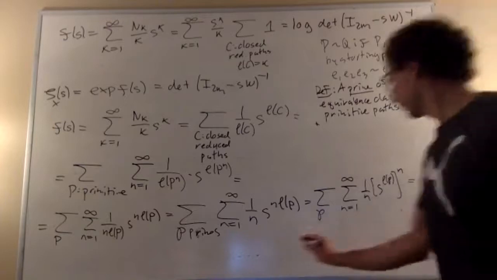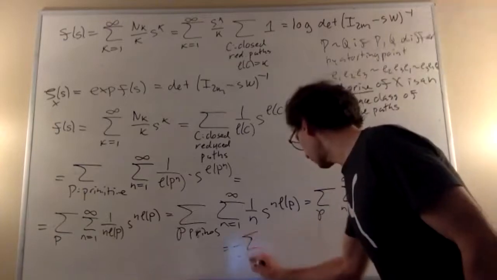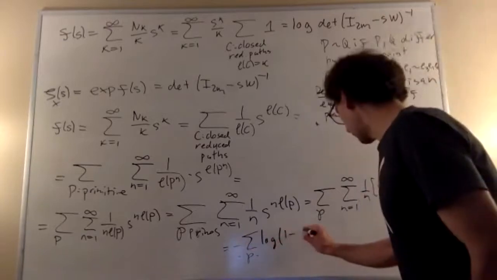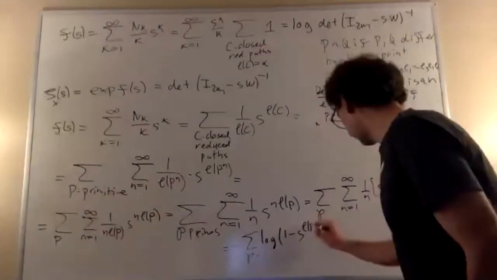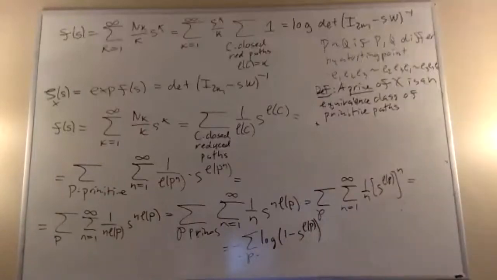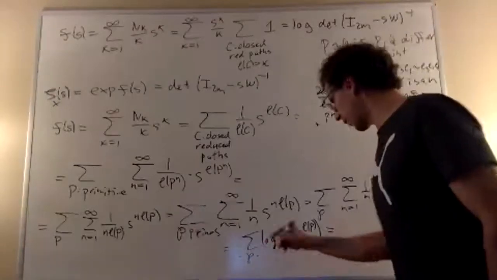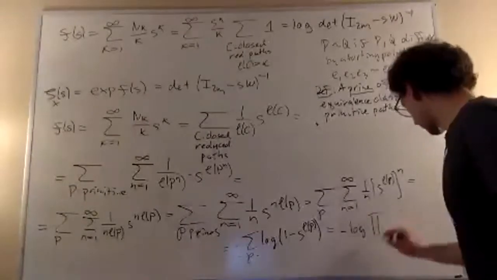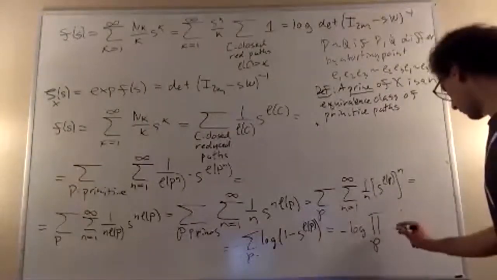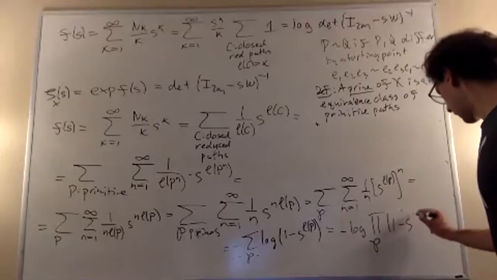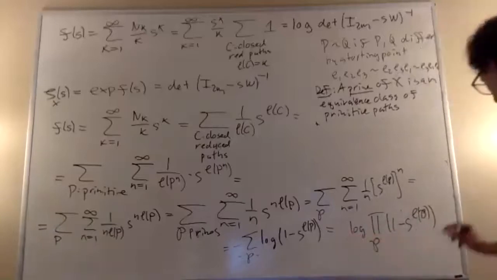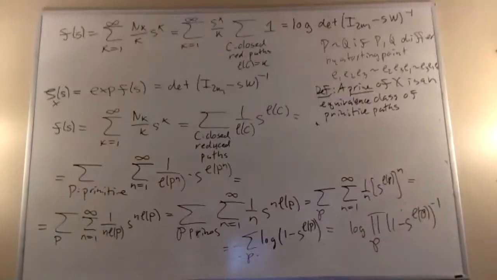So this is minus the sum over all P of log of 1 minus s L of P. And the sum of logarithms is the logarithm of the product. So this is minus log product over all primes P of 1 minus s L of P. And now, instead of having a minus sign here, I might put an inverse here.